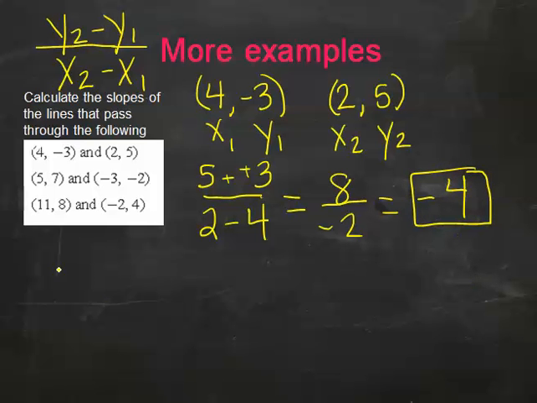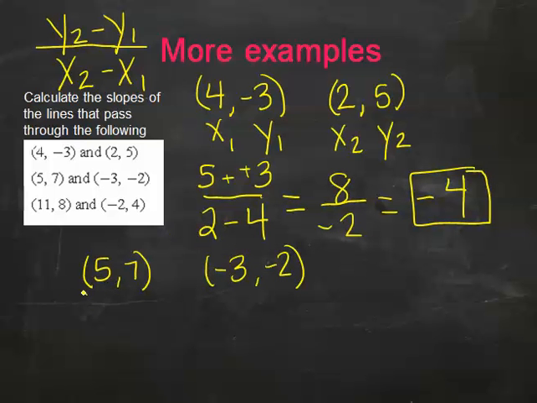Let's look at the next example. We have 5, 7, and then -3, -2. We want to go ahead and label our points, so x1, y1, and then our x2, y2.